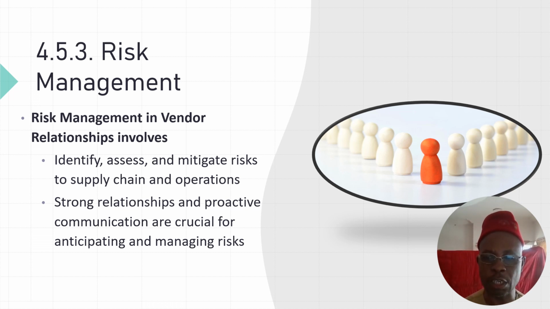Strong vendor relationships play a pivotal role in effective risk management, as proactive communication and collaboration between partners can help anticipate and address risks before they escalate. Here is an exploration of how vendor relationships contribute to risk management and the importance of proactive communication.